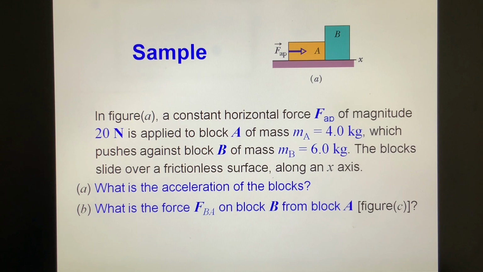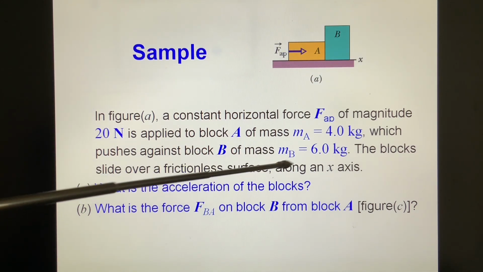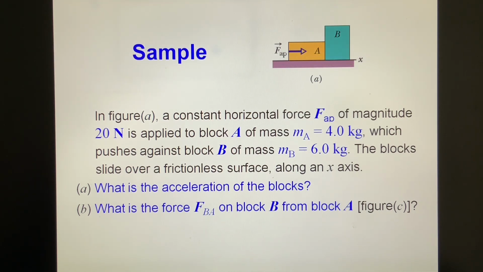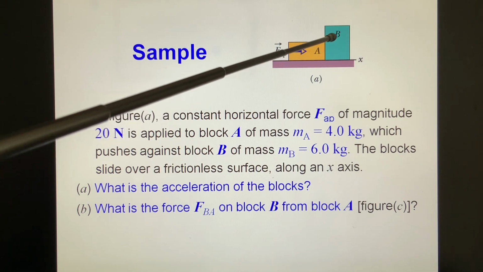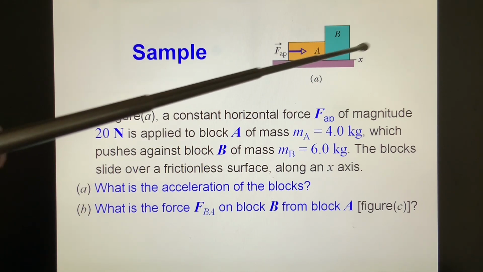The blocks slide over a frictionless surface, no friction, along an axis, the x direction. Question A, what is the acceleration of the blocks? Question B, what is the force FBA on block B from block A pushing B?